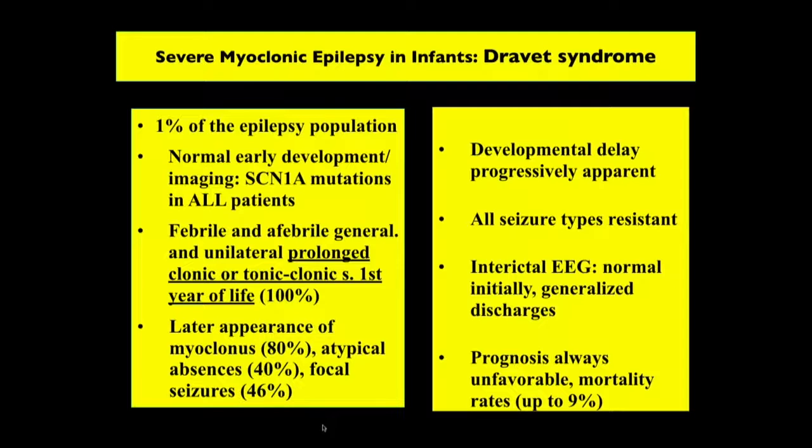They then develop other seizure types. The seizures tend to be severe, and progressively cognitive impairment appears. All seizures are resistant, and other characteristics emerge, especially a high mortality, sudden death, which is still not understood.